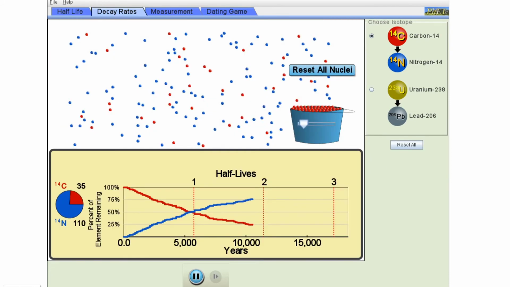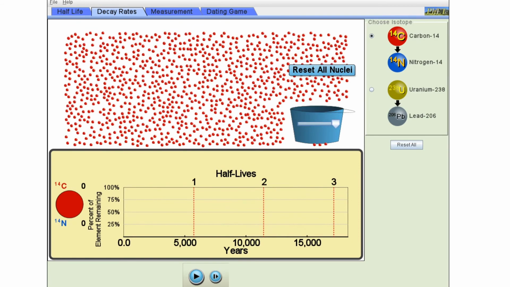We can show that here as well, showing the carbon atoms decaying into nitrogen atoms, the red turning into blue. We can increase the number of carbon atoms we start off with, but the half-life remains the same. So the red is the carbon going down, and the blue is the nitrogen going up.